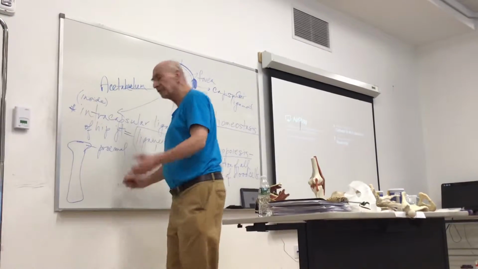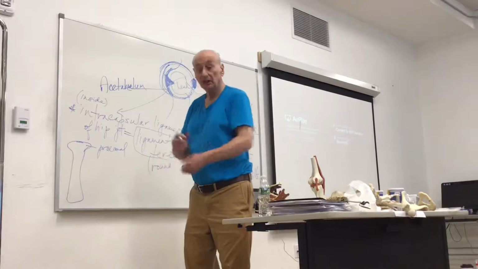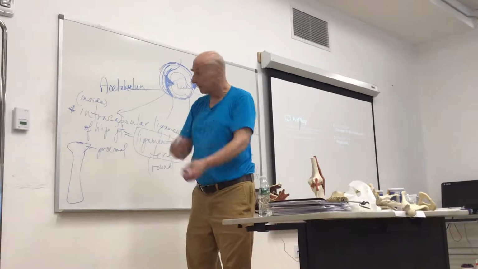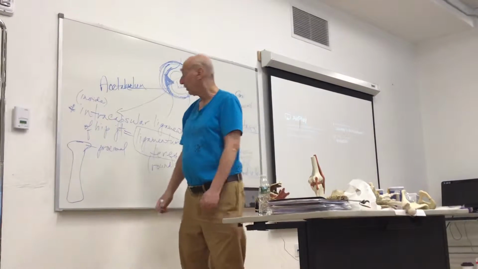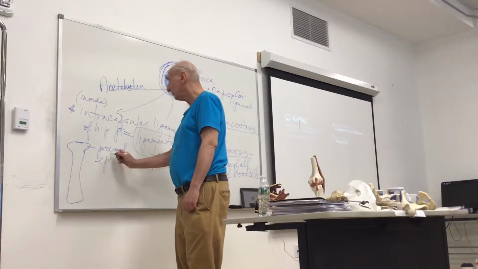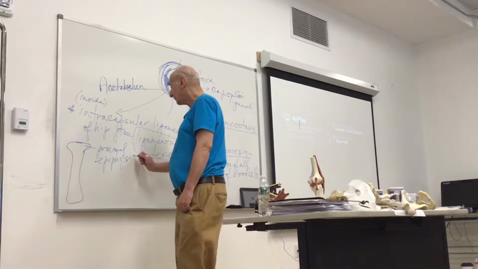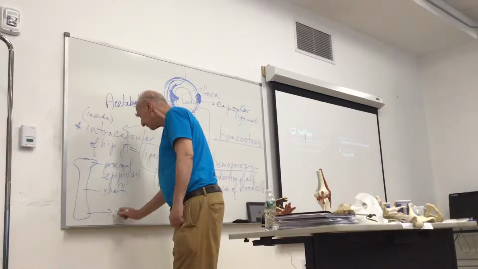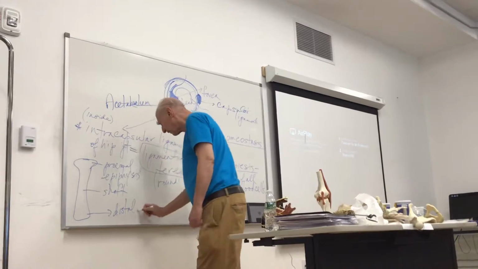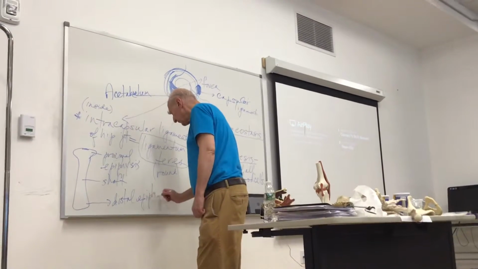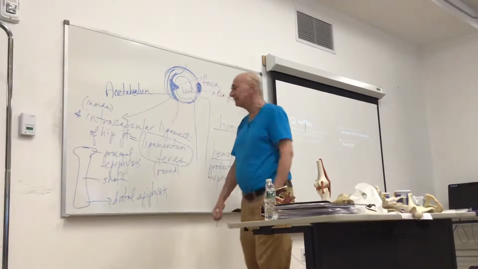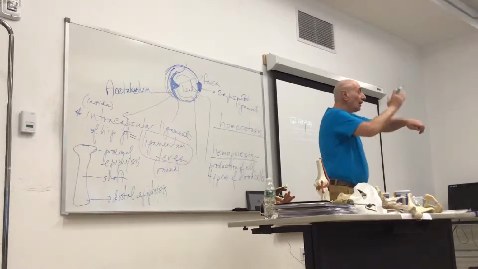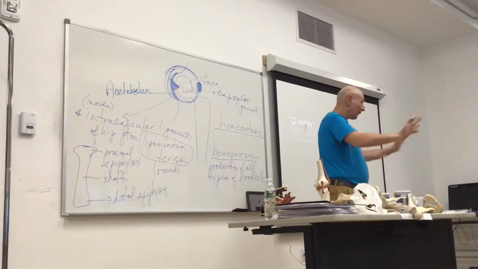Almost all the bones of the extremities are long bones, except for some irregular ones, and you have short bones in the carpals and tarsals.